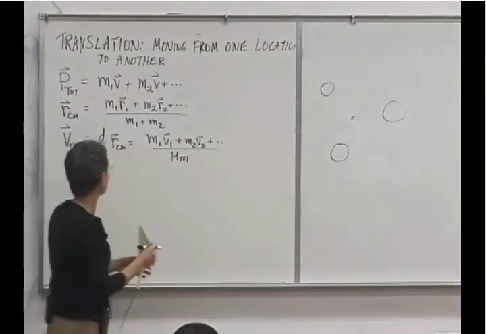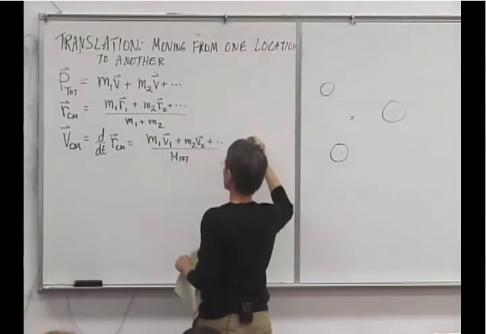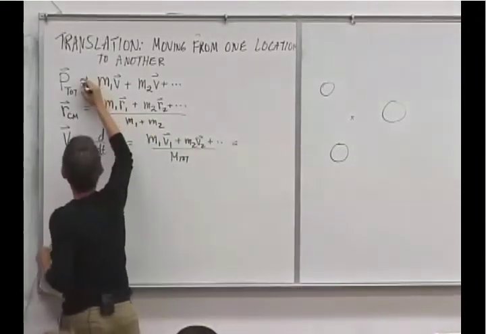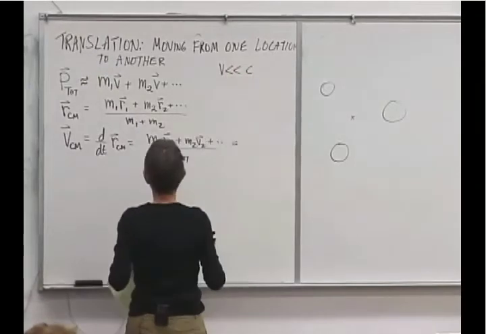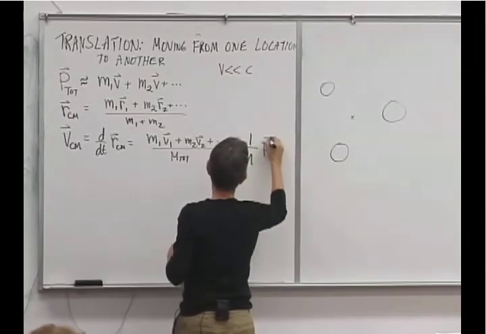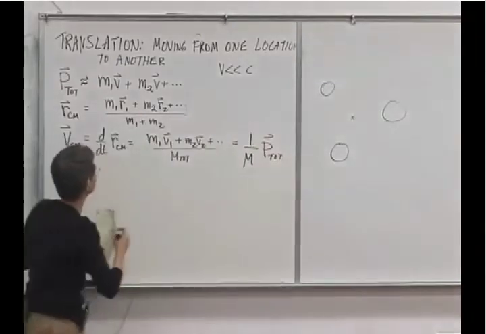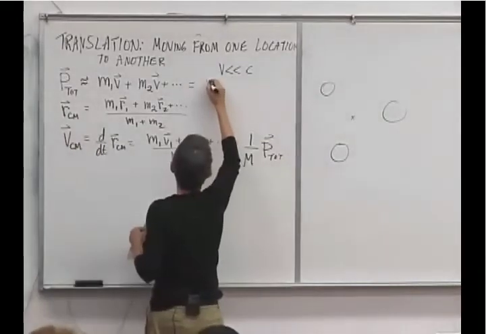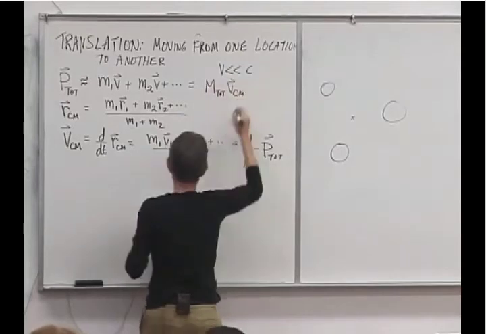But this is the total momentum, so that actually ends up being, in the non-relativistic approximation, where everything here is v less than c, 1 over M times p total. And so of course p total is equal to M total times the velocity of the center of mass.